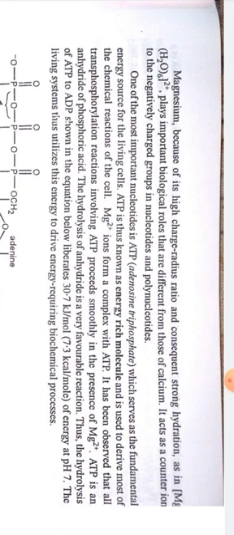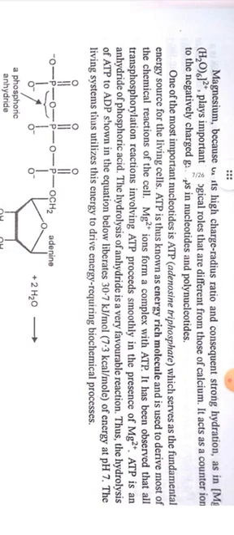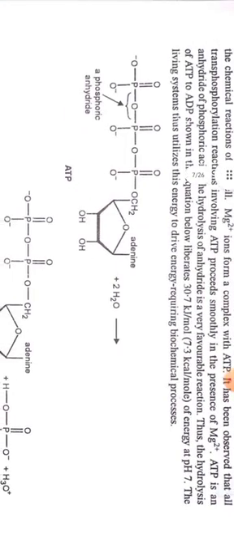The hydrolysis of an anhydride is a very favorable reaction. Thus, hydrolysis of ATP to ADP, as shown in the equation below, liberates 30.7 kilojoules per mole, or 7.3 kilocalories per mole, of energy at pH 7. The living systems thus utilize this energy for required biochemical processes.